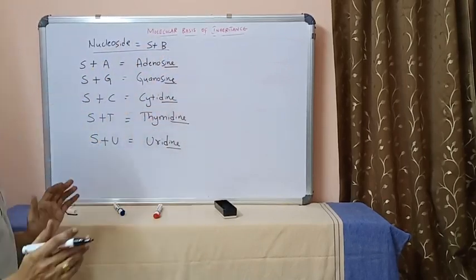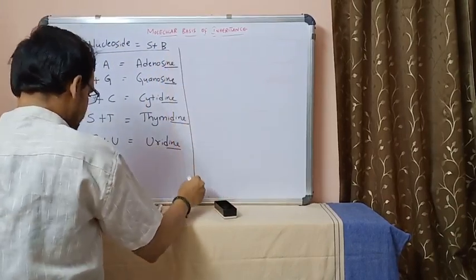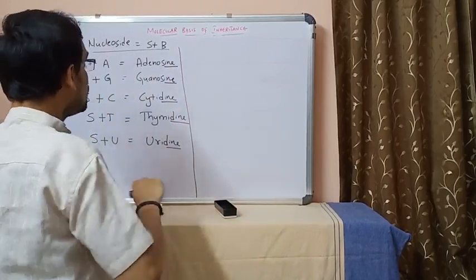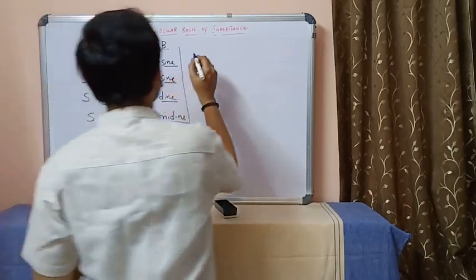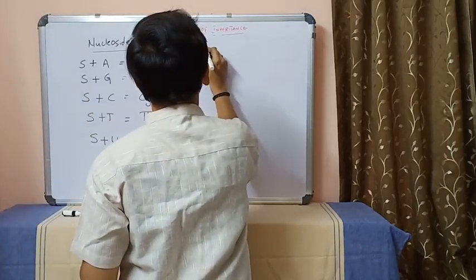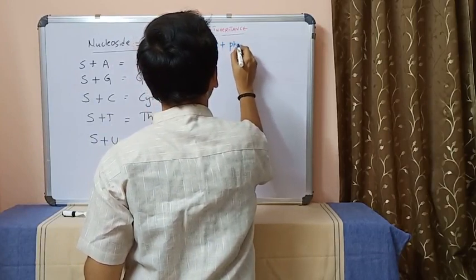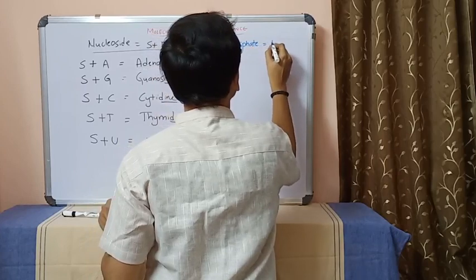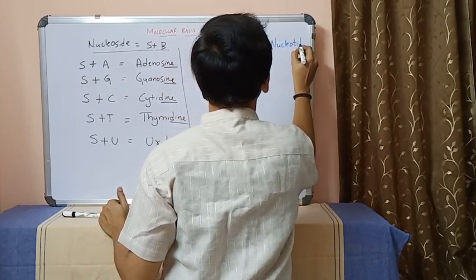Now coming to nucleotides. So what is a nucleotide? Sugar plus base plus phosphate. It's called nucleotide.